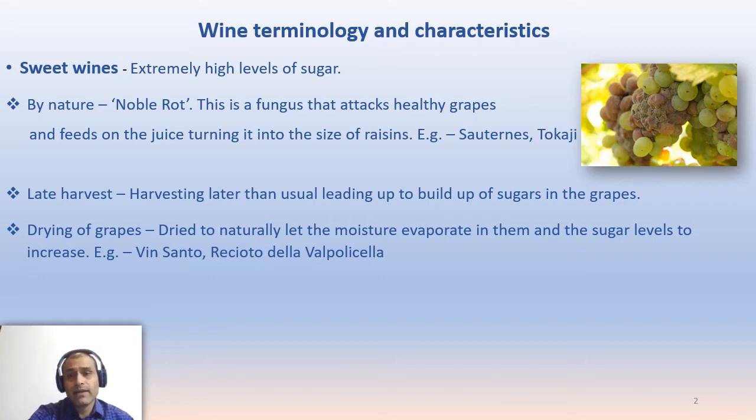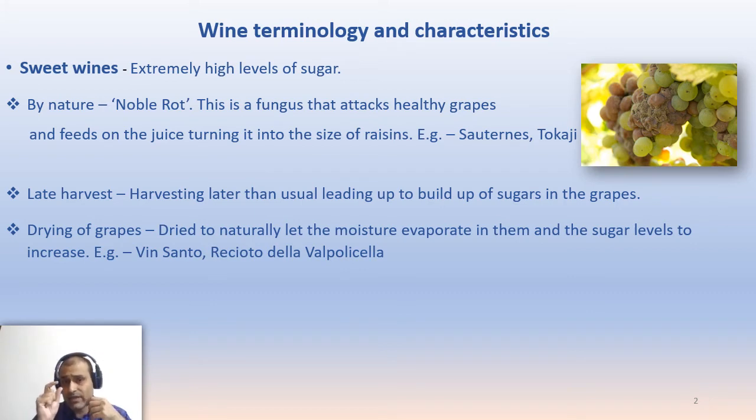You lay them down on mats, in a room which has ample air, so that over a period of 3 months, 4 months, the moisture inside the grapes evaporates, and as it evaporates, the sugars concentrate.